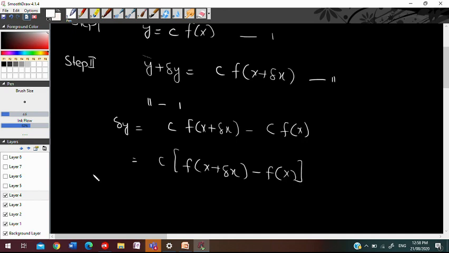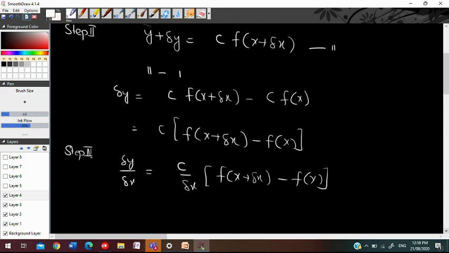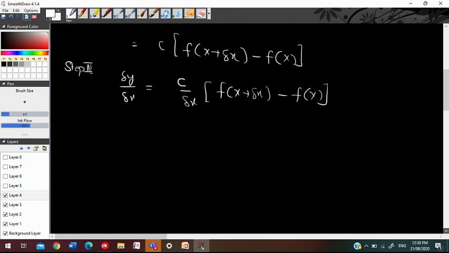And the third step, step 3, we divide by del x on both sides. So c divided by del x times f of x plus del x minus f of x. Or we may write it as c times f of x plus del x minus f of x, whole divided by del x.